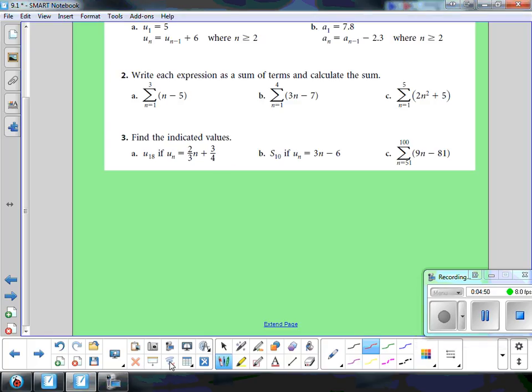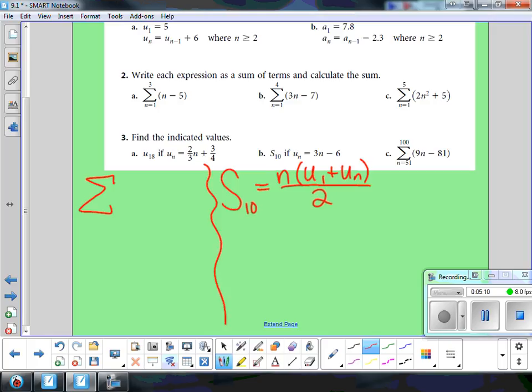If they want the sum of those 10 terms, you're going to use this formula that we talked about yesterday and the day before, or you can use sigma notation if you'd rather do that. It's up to you. You can decide what you think is easier. If you want to use sigma notation, it might be easier now that the calculator has the built-in tool, all right?